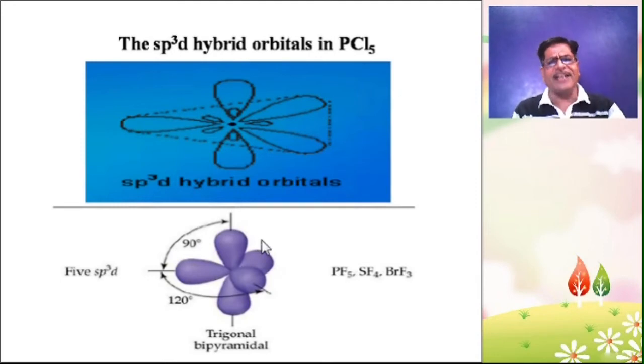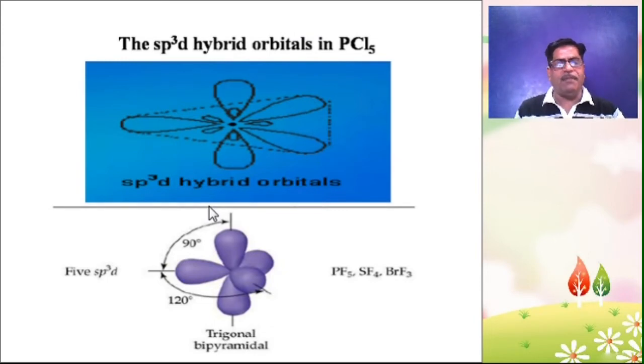In the PCl5 molecule there are two bond angles, 90 degrees and 120 degrees. Thus in TBP geometry, all P-Cl bonds and Cl-P-Cl bond angles are not equal in the PCl5 molecule.